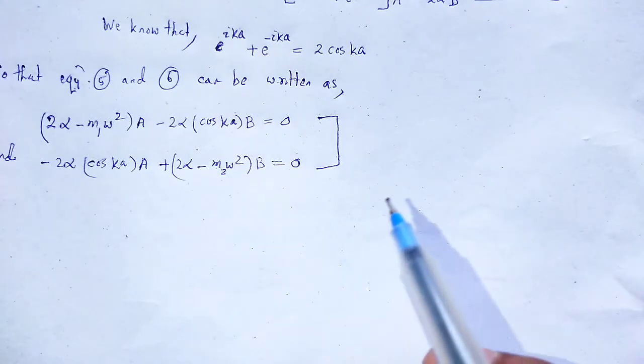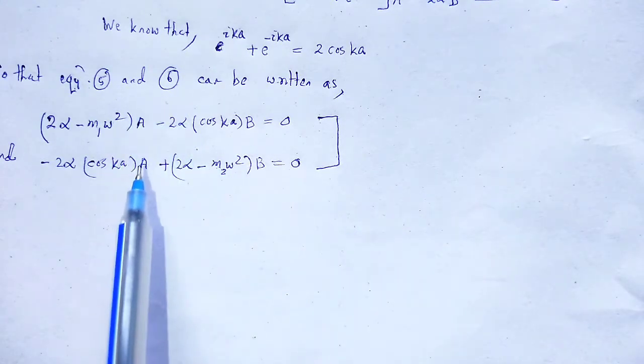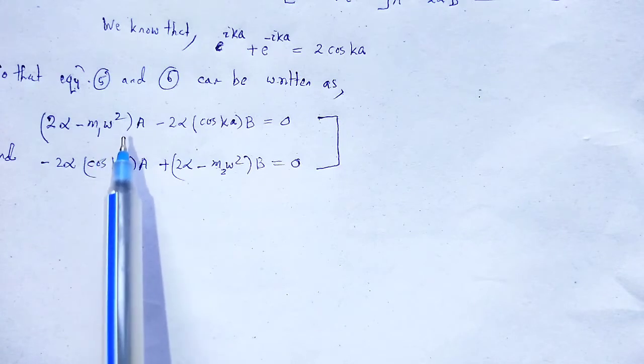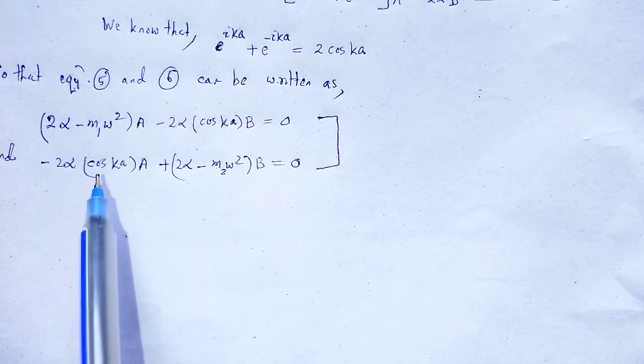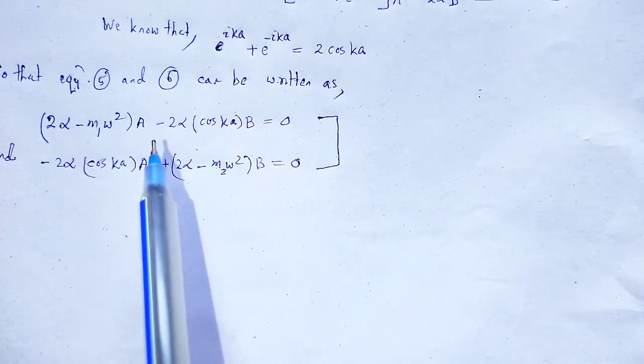From these two equations, to find the solution in terms of omega, we have to take it in determinant form.